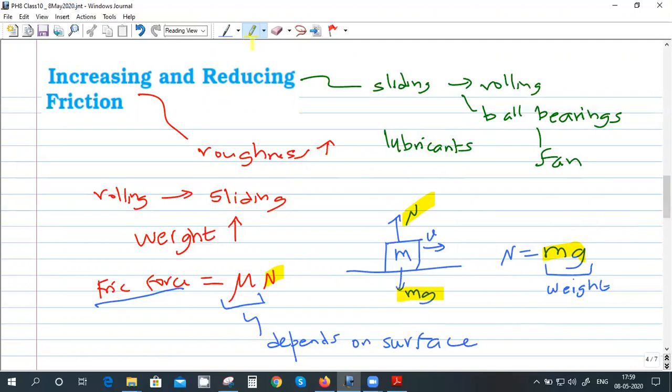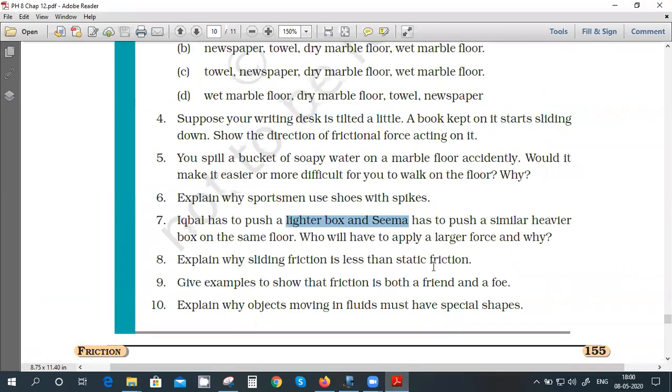So when you increase the mass, the normal reaction will increase. And when the normal reaction increases, the friction force, which is mu into N, will increase. That is the reason. When the box becomes heavier, normal reaction becomes more, so friction force becomes more.